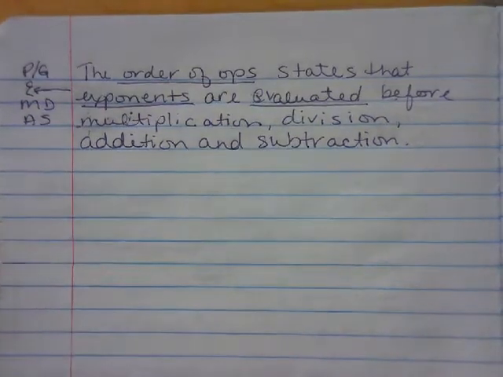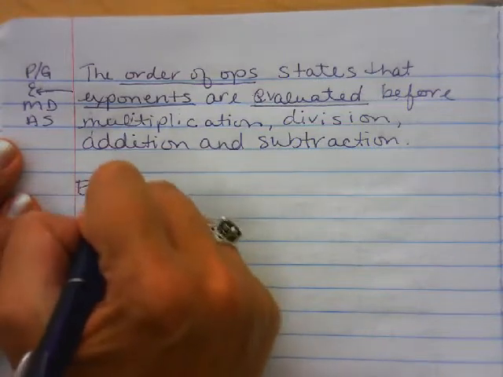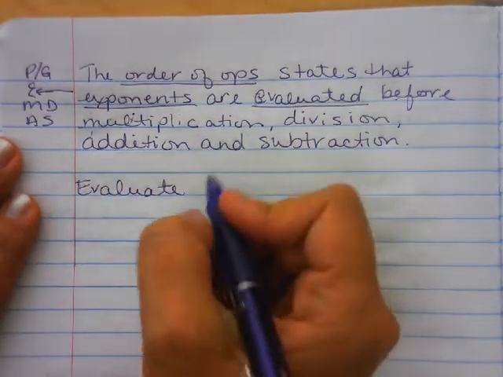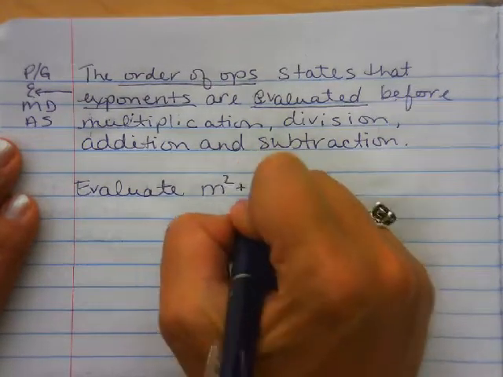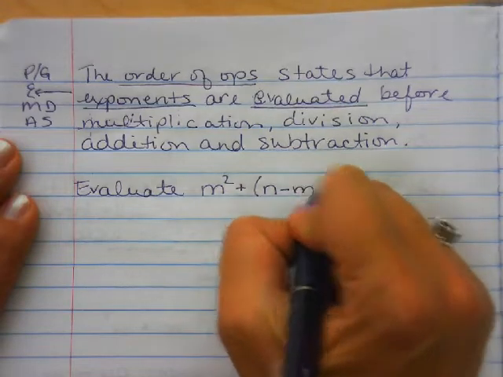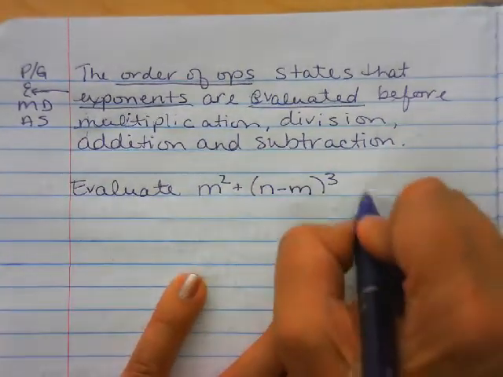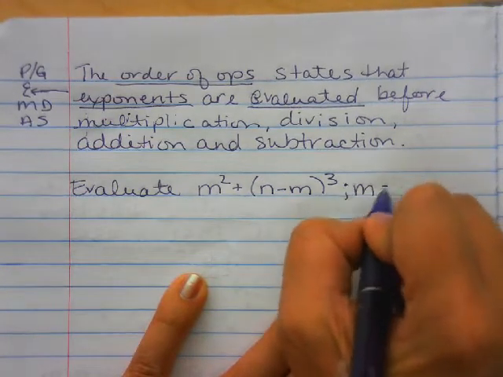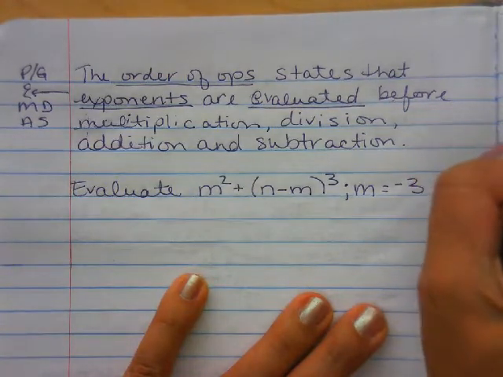So we're going to do an example of this, and we'll work on this in class when I see you tomorrow. So here we go. There's that word evaluate again. Evaluate m squared plus the difference of n and m all cubed, where m is negative 3 and n is 2.